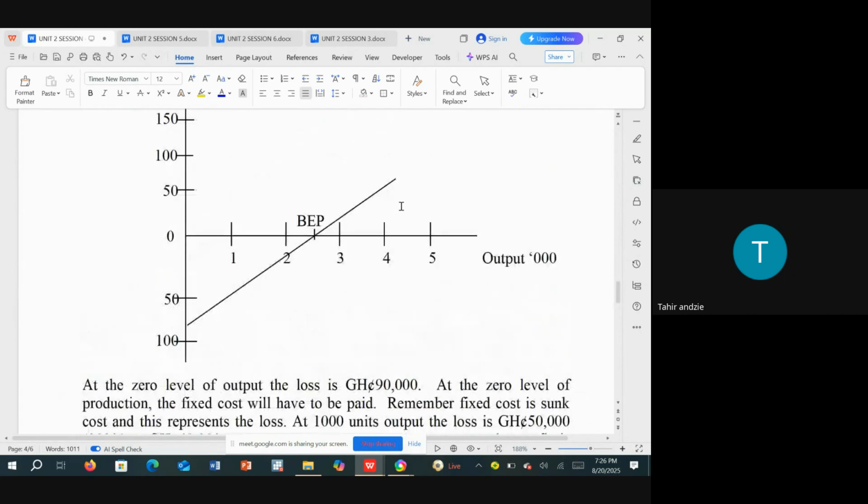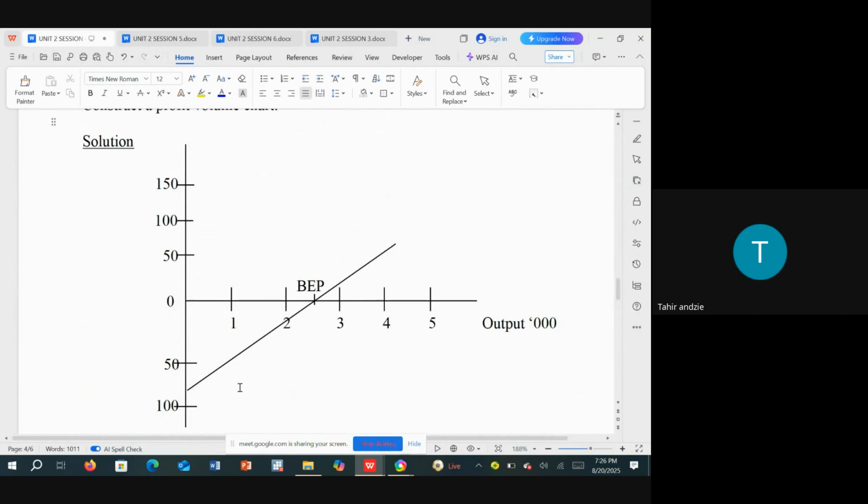So the two points are very important: the fixed cost you get, and then the maximum profit. How do you get maximum profit? Then you draw the line, and you get the break-even point.